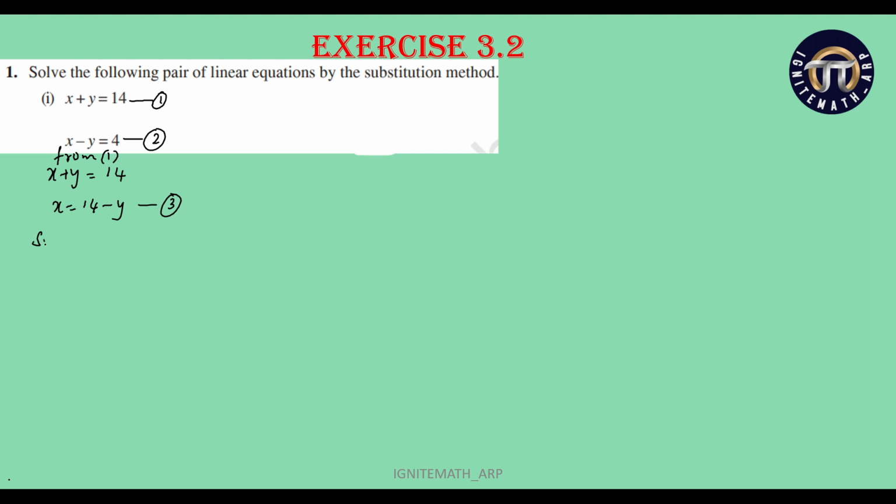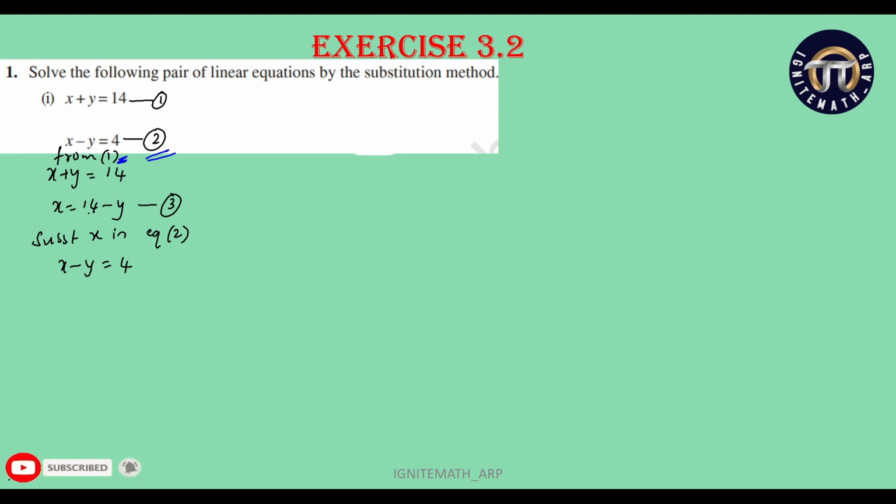Right. So substitute x in equation 2. If you have taken it from 1, don't substitute in 1 again. You need to substitute in 2. Clear? So now when I substitute it in equation 2, x minus y is equal to 4 is equation 2.